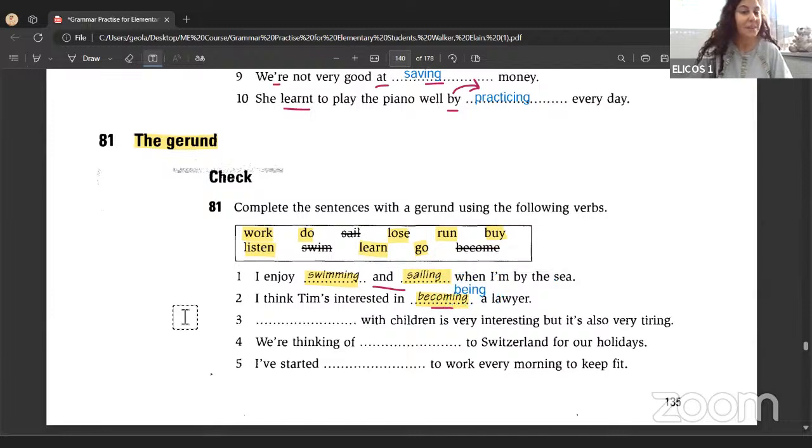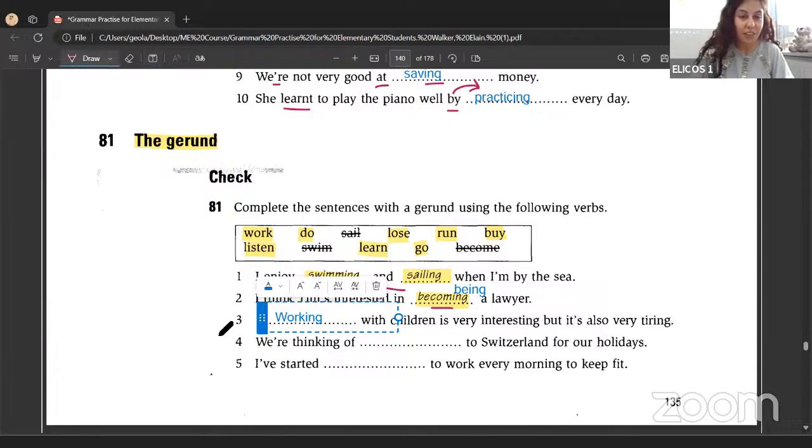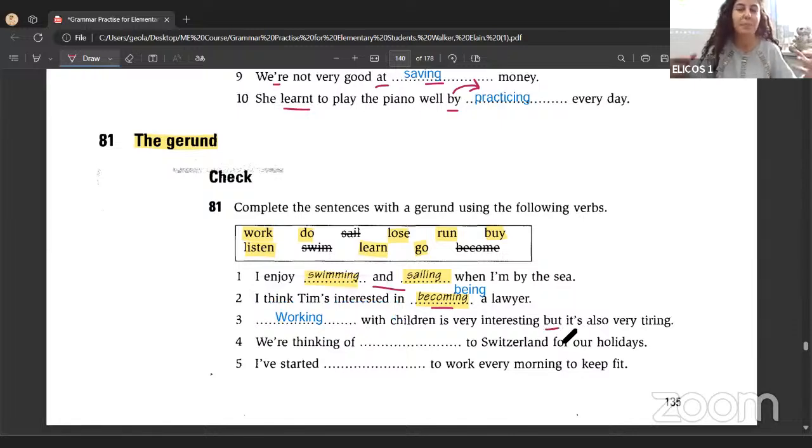Okay, number 3, we'll start with Javier. Working with children is very interesting, but it's also very tiring. Yes, just a bit of pronunciation. Working with children is very interesting, but it's also very tiring. So we like to push this word, we stretch out the word.